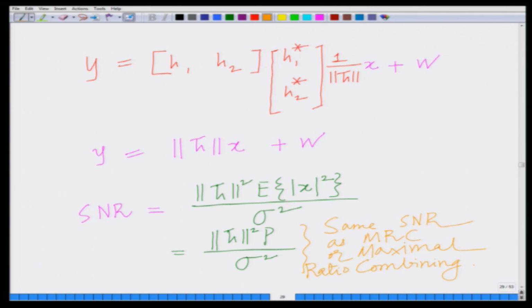So, transmit beamforming, when we transmit beamform in the direction of H1 conjugate H2 conjugate divided by norm of H bar, the SNR at the receiver is the same as what we get for maximum ratio combining, that is with multiple antennas at the transmitter and single antenna at the receiver, we are able to achieve the same SNR as a scheme with multiple antennas at the receiver and a single antenna at the transmitter.